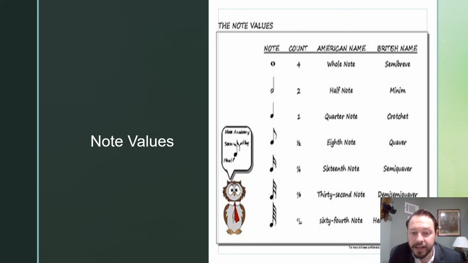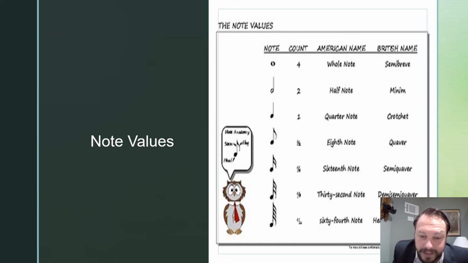Okay, the filled in circle with the stem and 1 flag, that's worth half a beat, and that's called an eighth note. And the Brits call it a quaver. Very interesting, right? The filled in circle with the stem and 2 flags, that gets a quarter of a beat, and that's called a 16th note, and the Brits call it a semi-quaver.